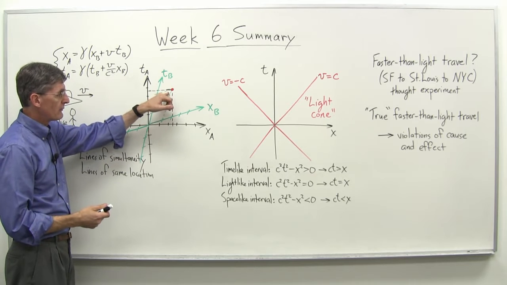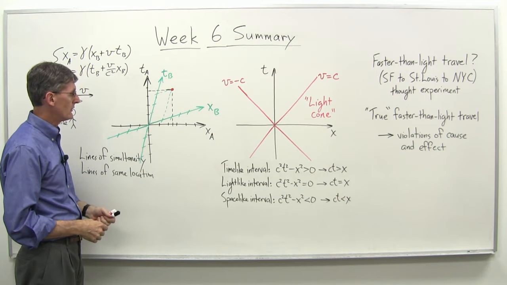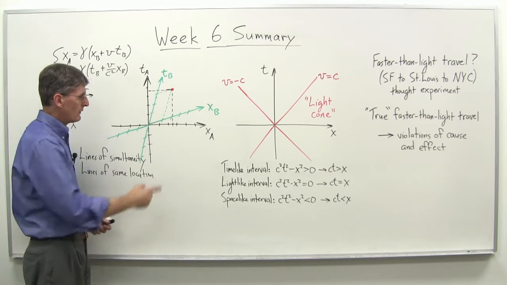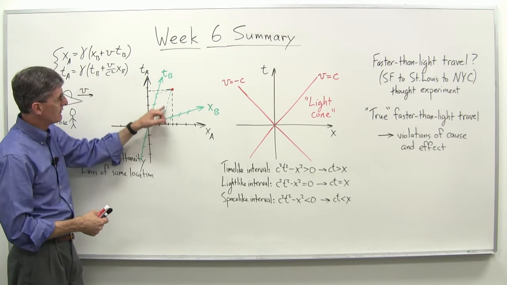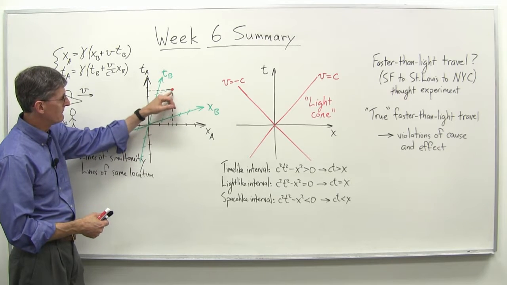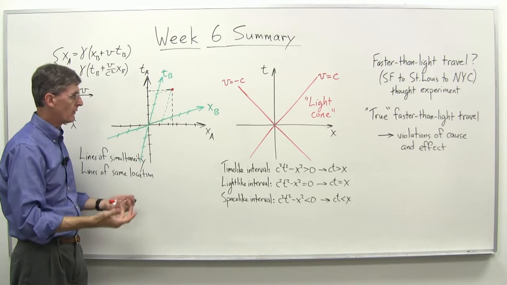But for a given space-time event, represented by, say, a flash of light, this red dot here, it's the same event, but Bob and Alice will have different coordinates for it. In this example, the flash of light for Bob occurs at x sub b equals 1, and t sub b equals 3. Those are the coordinates for Bob.